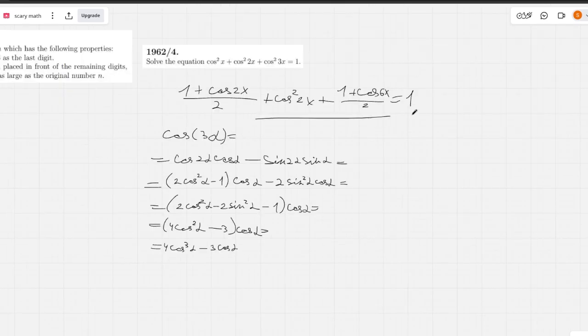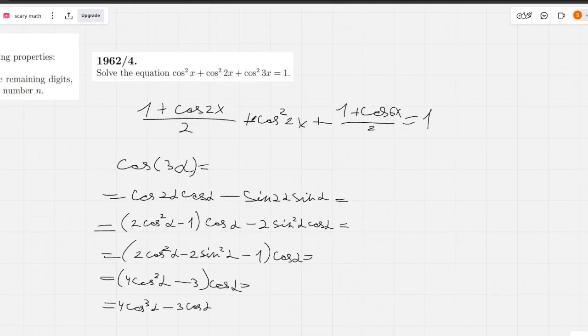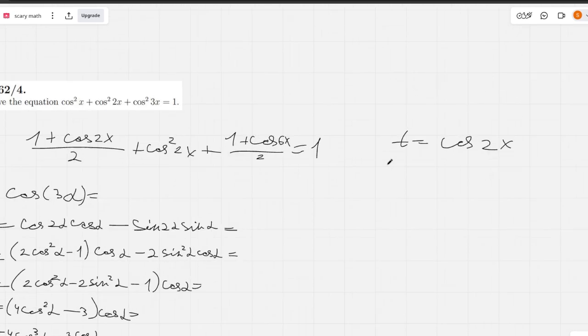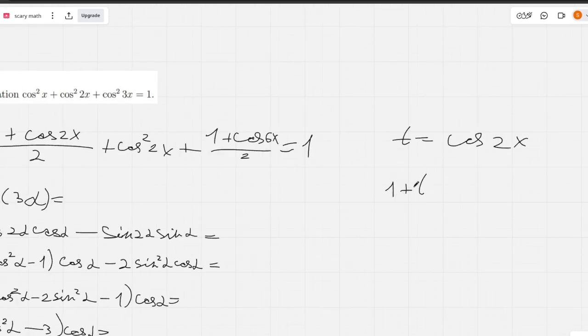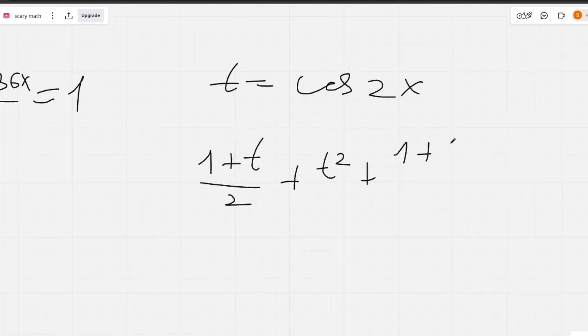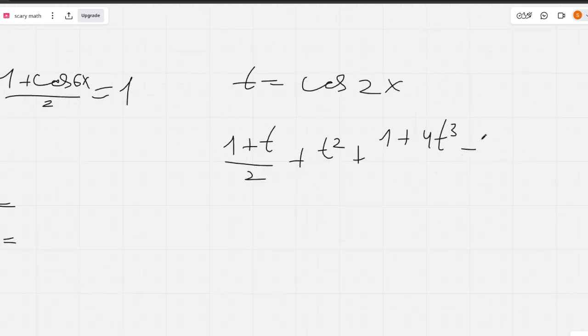Now we can apply this here, and let's do a substitution. Let's say that t is equal to cosine of 2x, and what we get is (1 plus t) over 2 plus t squared plus (1 plus 4t cubed minus 3t) over 2 equal to 1.